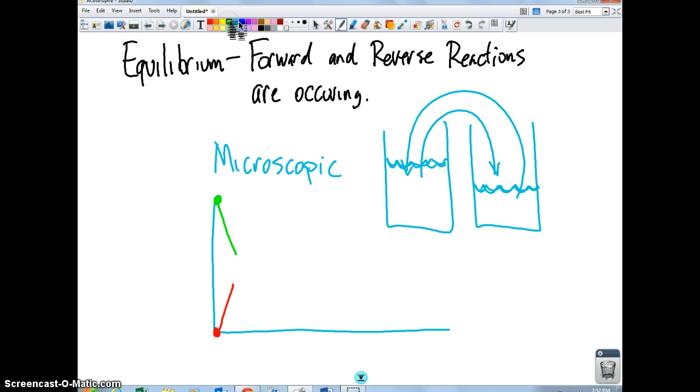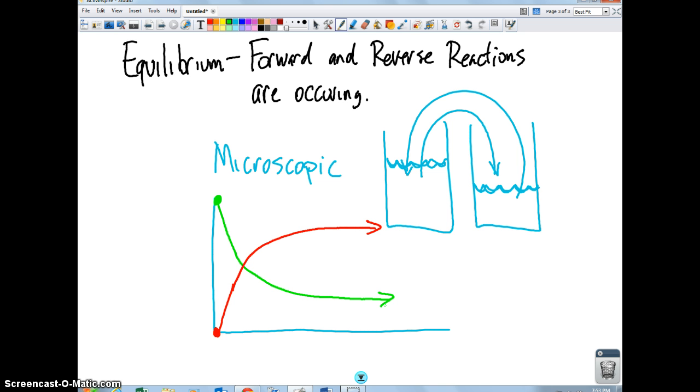And as this takes place, like we saw before when we were talking about first order rate laws, the reaction will actually level out. For the products, the same thing will take place. The reaction will level out. And we'll get to a point where both of these reactions, the red reaction for the products forming and the green reaction of the reactants going away, will both become flat lines where the slope of this line is 0.